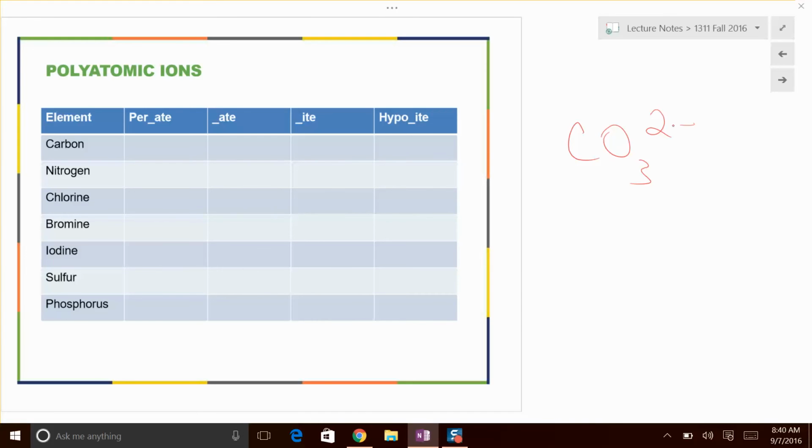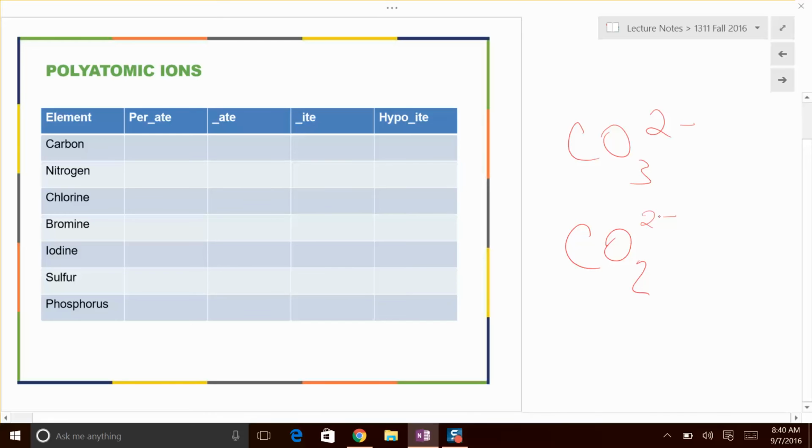It has carbon and oxygen in it, but it is ionic because it has a charge. If you saw CO2, you might think carbon dioxide. But if I charge it with a 2-, now it's not carbon dioxide, it's a polyatomic ion. It's called carbonate.